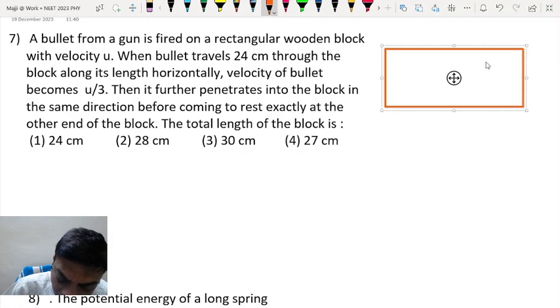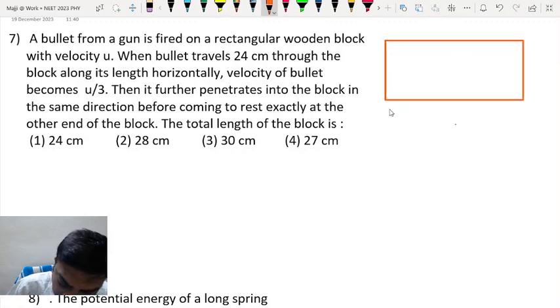So here you have a block, let us say of length L, which we have to find. The bullet enters the block with an initial speed u. Over a certain period of time, let us say its velocity reduces to v.